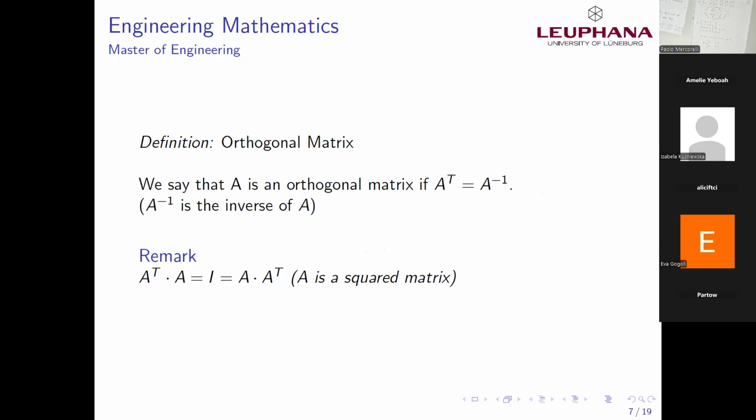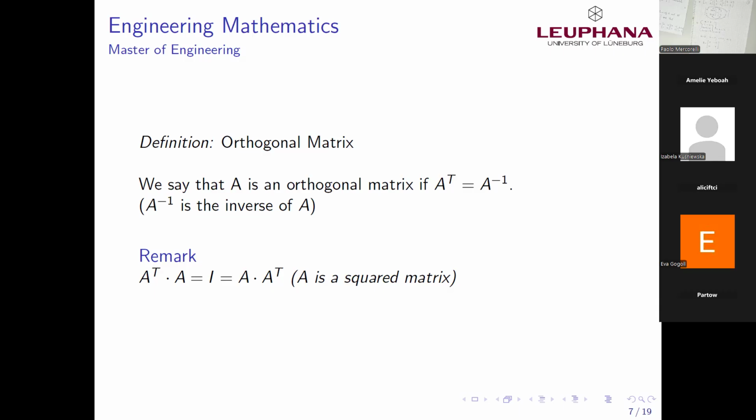We have to nevertheless clarify the meaning, because when we are speaking about vectors, we say that two vectors are orthogonal. Here, the concept is a little bit different, because we don't have two matrices which are orthogonal. It's difficult to figure out this concept. We say when a matrix is orthogonal.